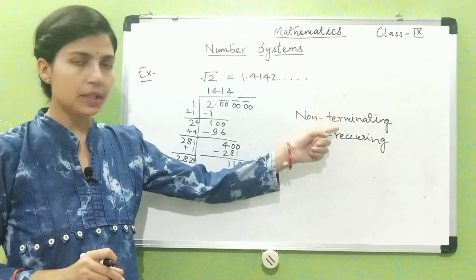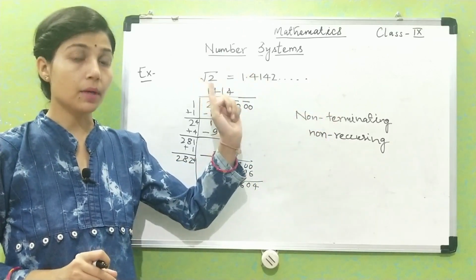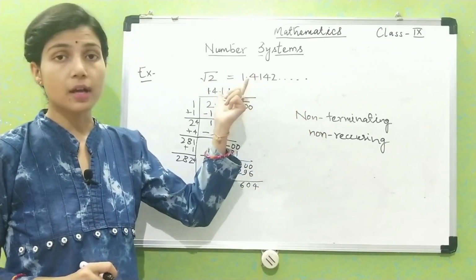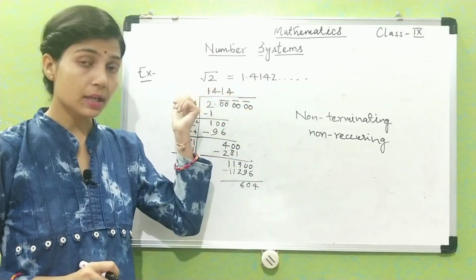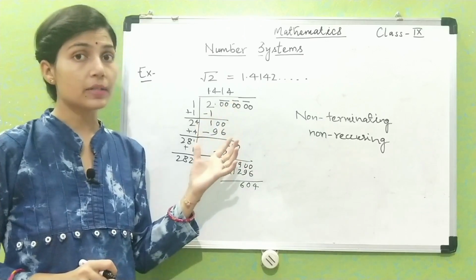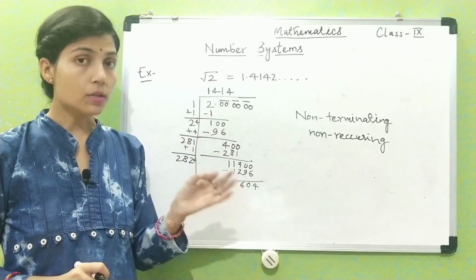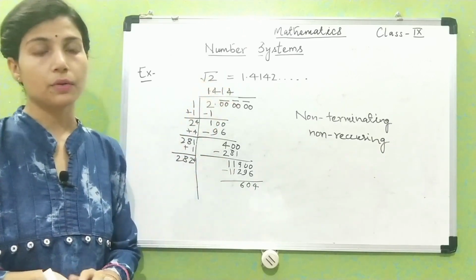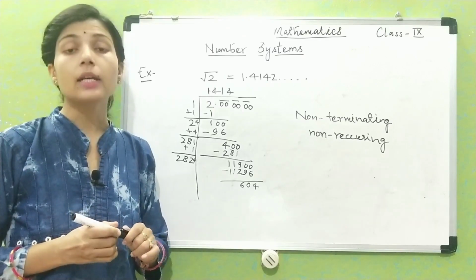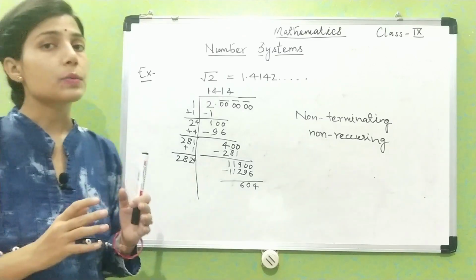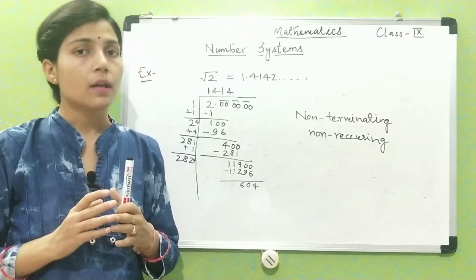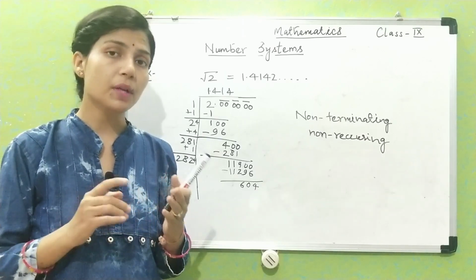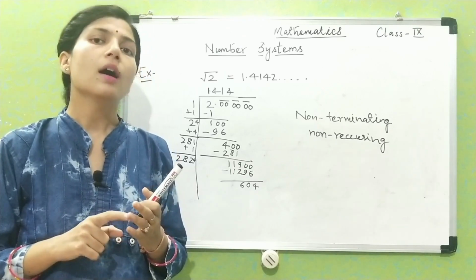Suppose it terminates, it means that it is a rational number, and if it terminates and also repeats, meaning after the decimal the digits are repeating, so it will be a rational number. But in case the decimal expansion is non-repeating as well as non-terminating, that will be the decimal expansion of an irrational number. Okay, so now this should be clear here that the decimal expansion of a rational number will be terminating, or it may be non-terminating and recurring.